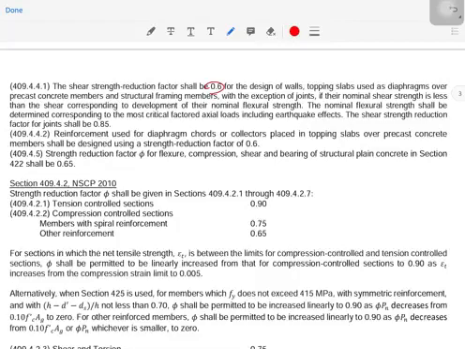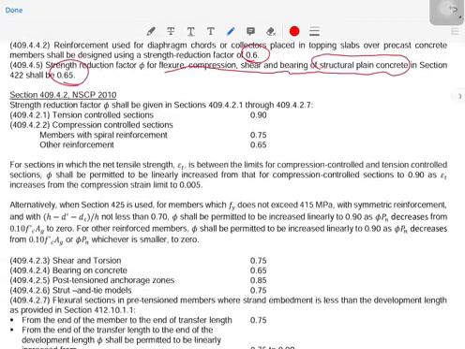Reinforcement used for diaphragm chords or collectors placed in topping slabs over precast concrete members shall be designed using a strength reduction factor of 0.6. Then the strength reduction factor for flexure, compression, shear, and bearing of structural plain concrete shall be 0.65, for a conservative design of plain concrete.